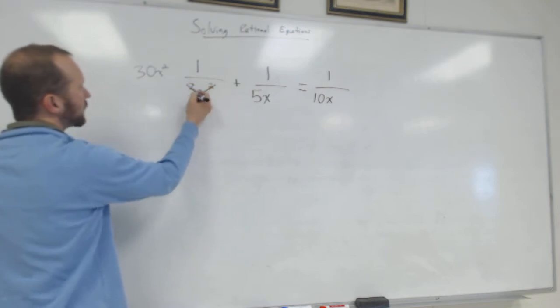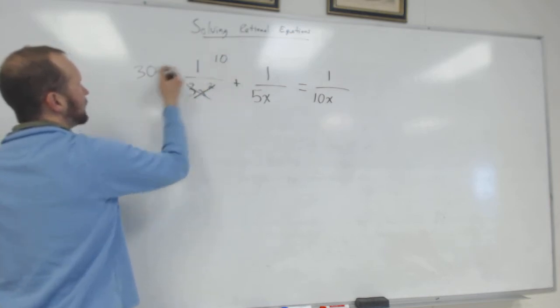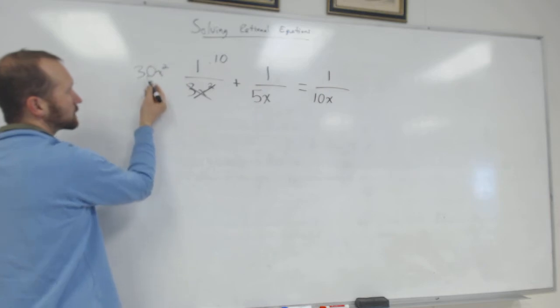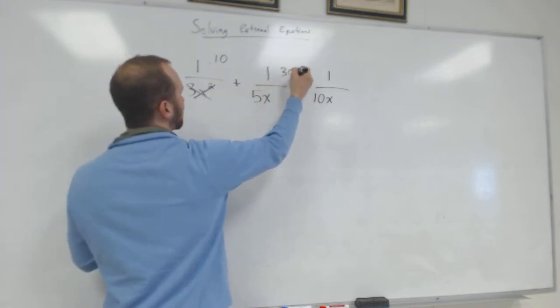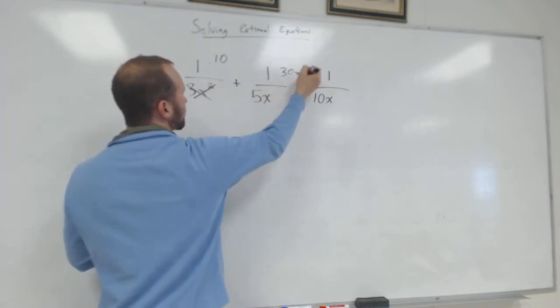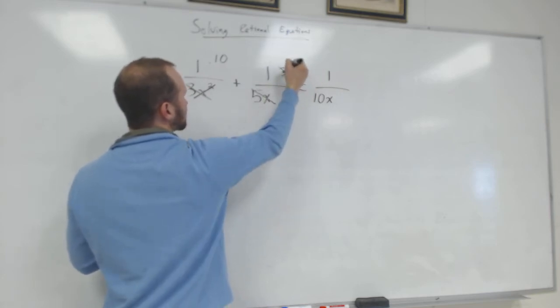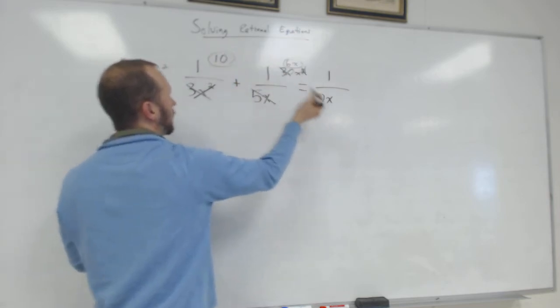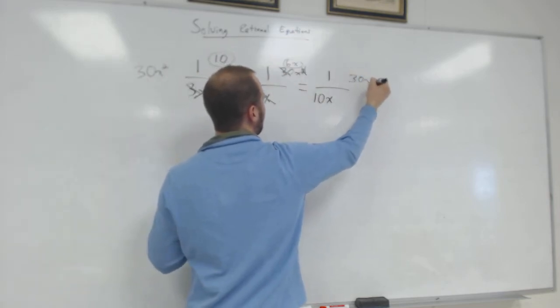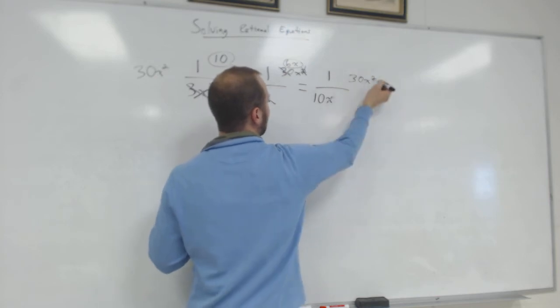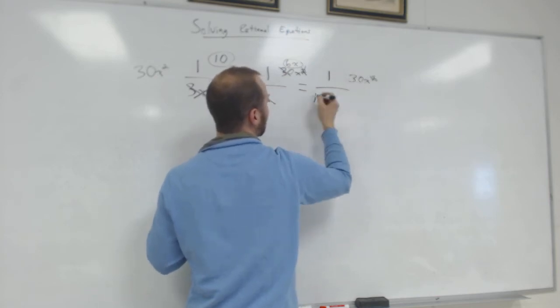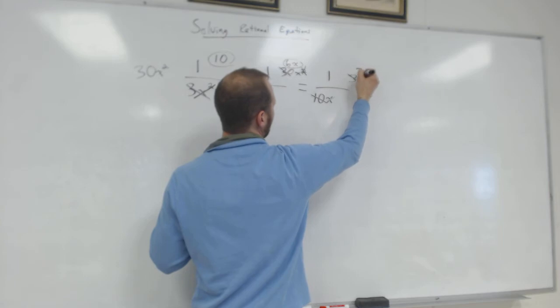Here, it would cancel, leaving me just 10. 30x squared times this: 1x would cancel, and the 30 would become 6. So I'd have 6x, right? And then over here, that 1x would cancel, and then 30 canceling with 10 would be 3.